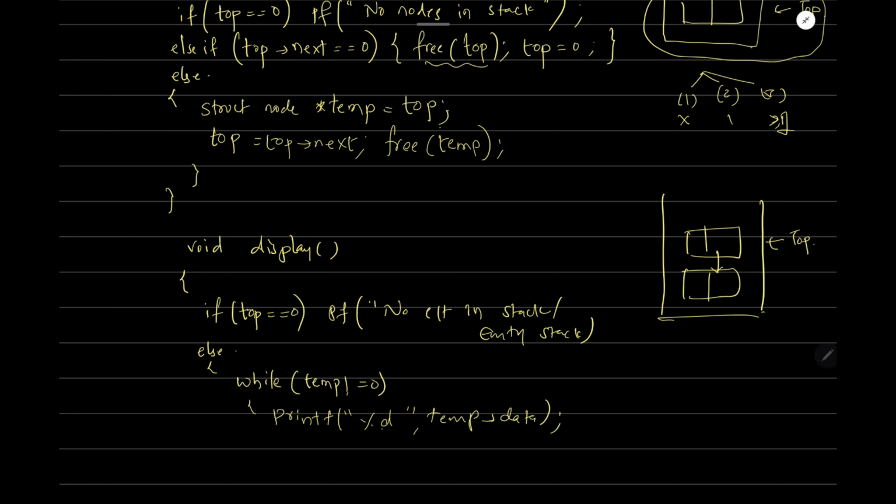I will be printing temp arrow data continuously and incrementing temp. Here temp means we'll assign struct node star temp is equal to top. Now temp is equal to temp arrow next.